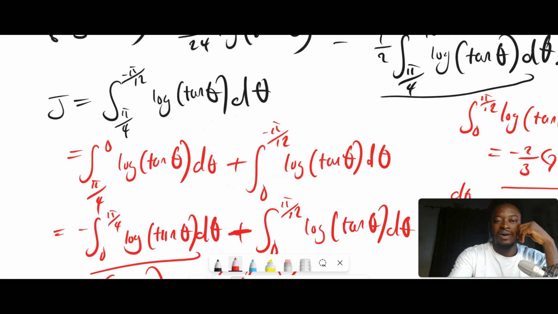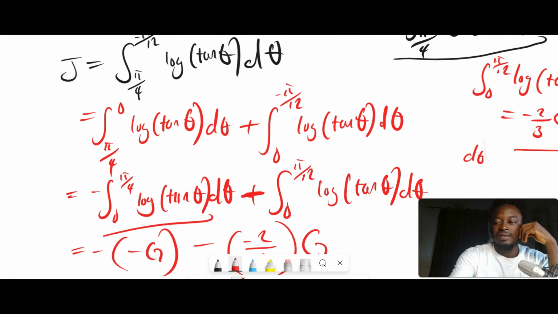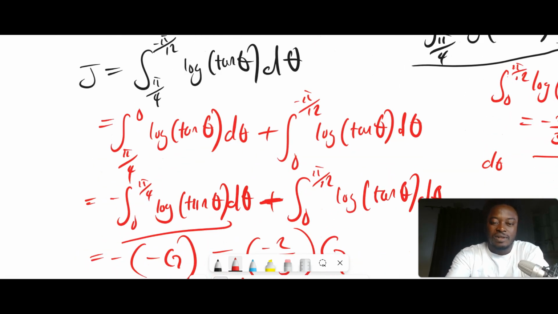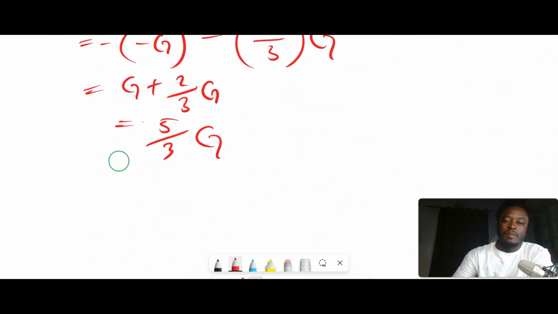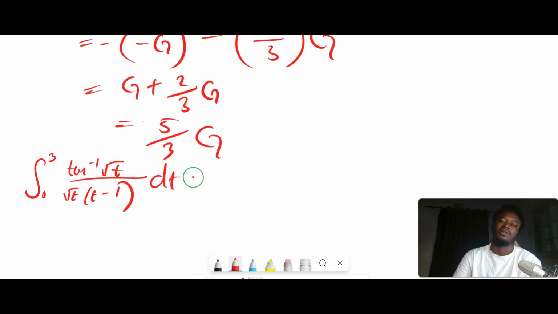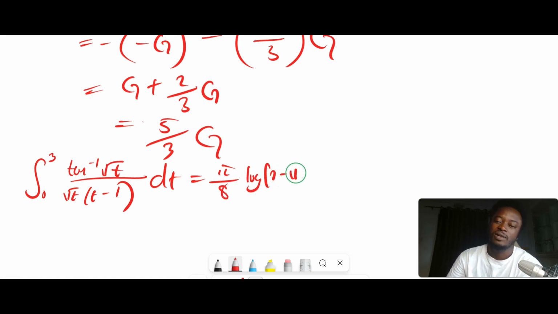So essentially now our integral, which is the integral from 0 to 3 of tan inverse of square root of t, all divided by square root of t times (t minus 1), dt, will be pi over 8 times the logarithm of 2 minus square root of 3.